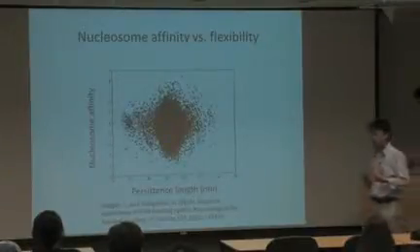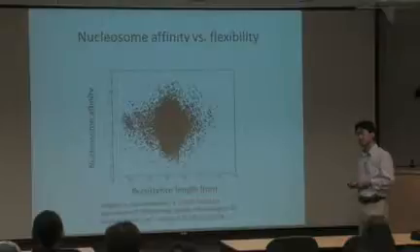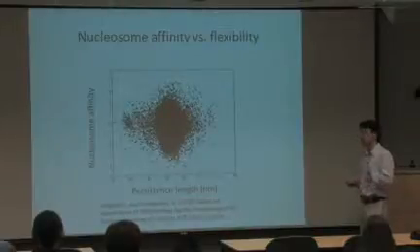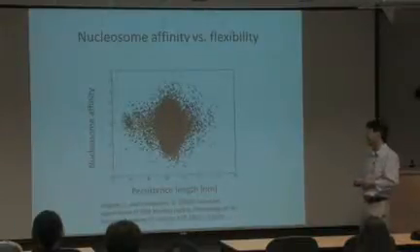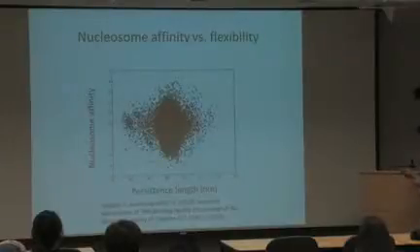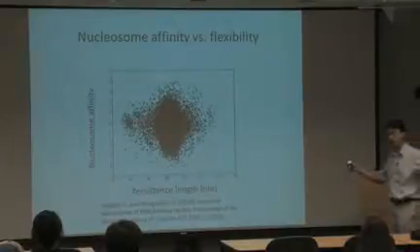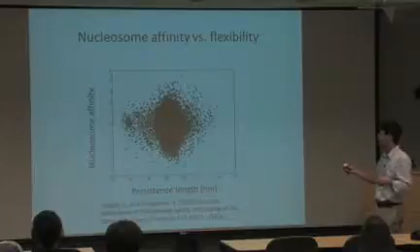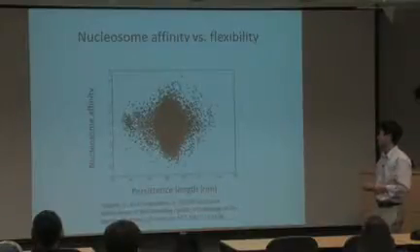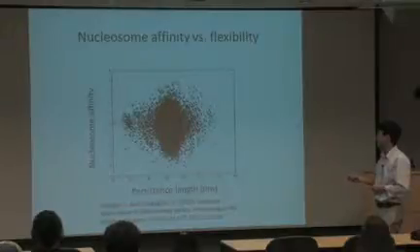Based on that, you can extract the persistence length of those dinucleotides. I'm not going to get into the details of that calculation, but simply speaking, if you know the sequence of the DNA, you can count all the dinucleotides and retrieve the entire persistence length. That's what's plotted on the x-axis.